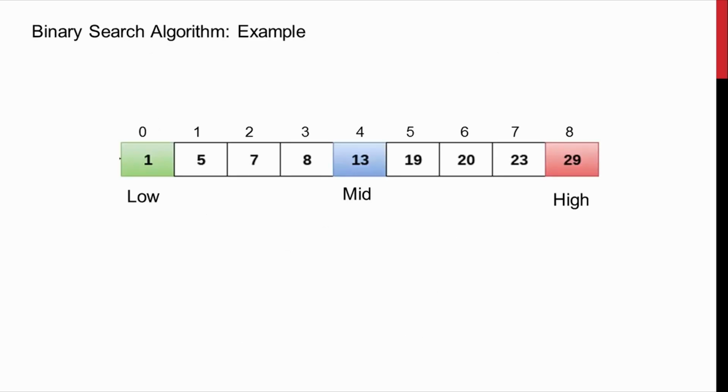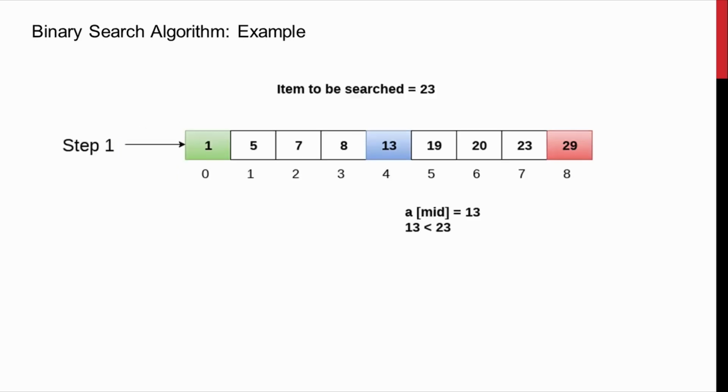Let's discuss an example. Here we have an array A with 9 elements: 1, 5, 7, 8, 13, 19, 20, 23 and 29. All of them are sorted. We need to find the location of the item 23 in the array.